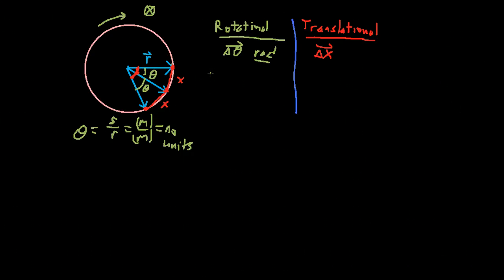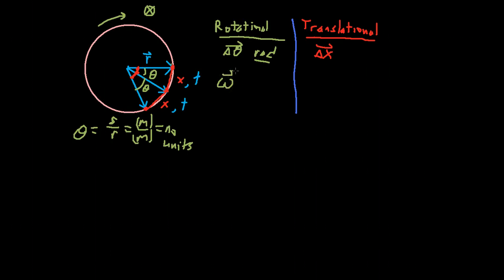Okay, so let's look at some of the other things. We'll breeze right through them. Because we have an angle and we have the motion of a particle, this takes a certain time, and I'll call that time t. So this change in position takes a certain amount of time. That means the change in the angle takes a certain amount of time as well, and we'll call that omega.